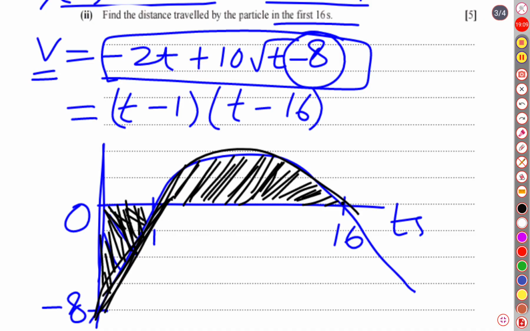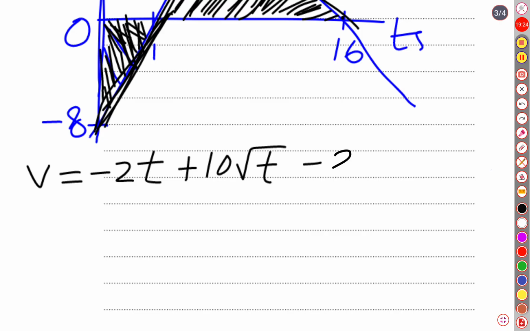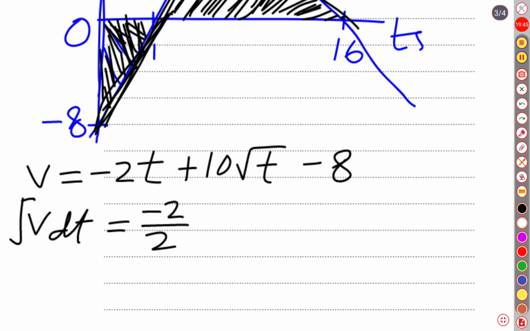So let's start. Our v is equal to negative 2t plus 10 square root of t minus 8. So we are going to integrate this. The integral of v dt: for the first term the power is 1, so the increased exponent is 2, so negative 2 over 2, then t squared.